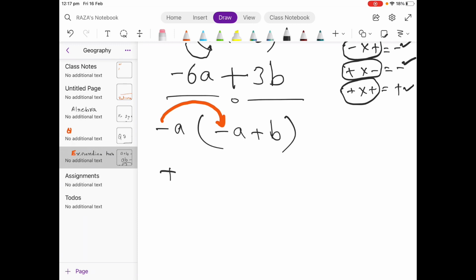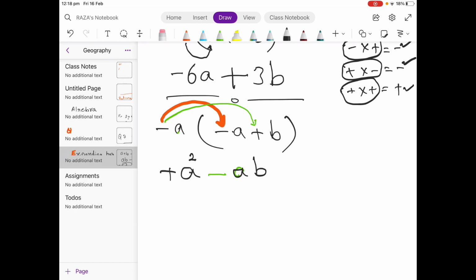Number with number: we don't have any number, so a with a. Now a times a is a squared, because with the same base, we add the powers. The second one we do with the second term. Negative goes with the positive, that means negative. And then we have variable a with variable b. A times b is ab. This is how we open the bracket.